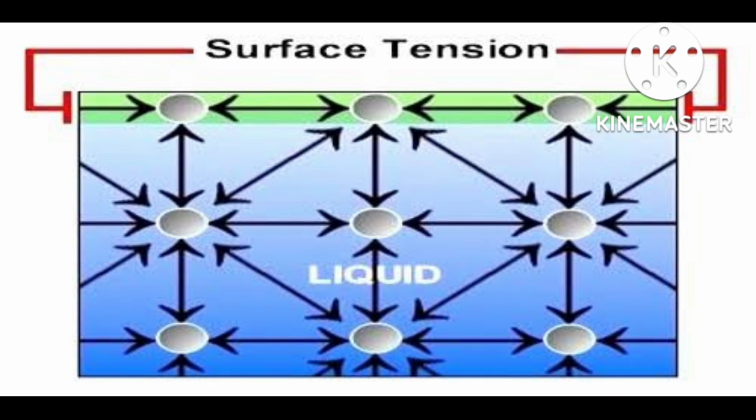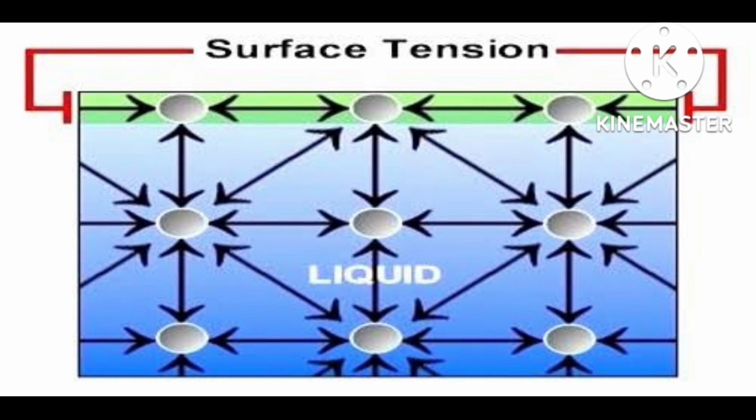If there is no gravity, then the droplet will be fully spherical. But if you put some water drop on a surface, it will spread, it will be flattened, it will not be spherical because of gravitational force. But if there is no gravitational force, then it will be fully spherical.